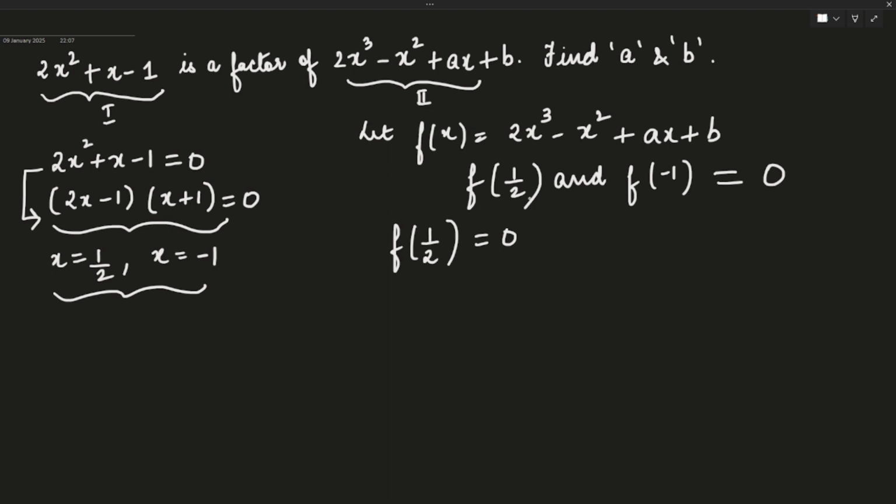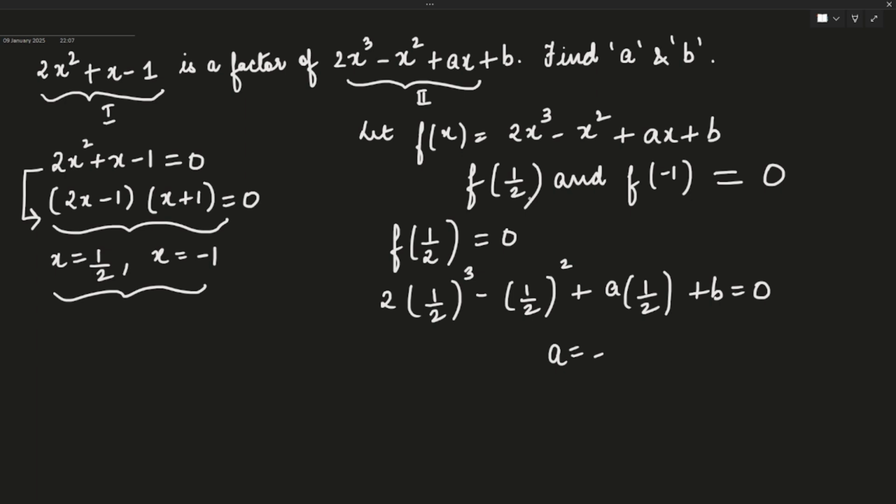When we put x equal to 1 by 2, we get (1/2) whole cubed minus (1/2) whole squared plus a into 1 by 2 plus b is equal to 0. When you solve this, you get a is equal to minus 2b. This is your first equation.